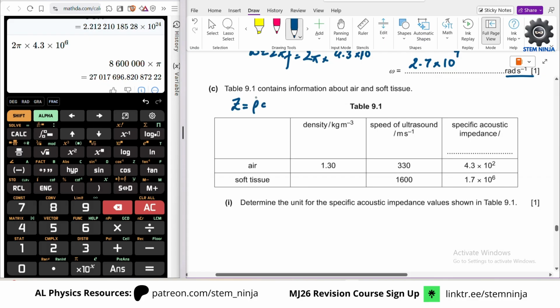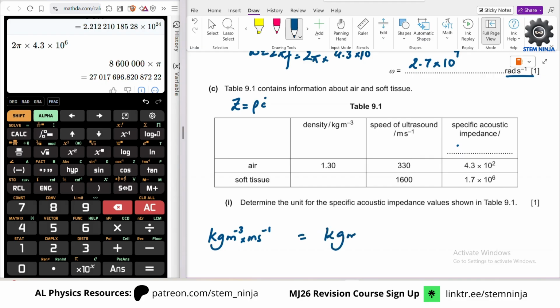So density is kg per meter cubed, times meters per second. The unit for that would become kg m^-2 s^-1.